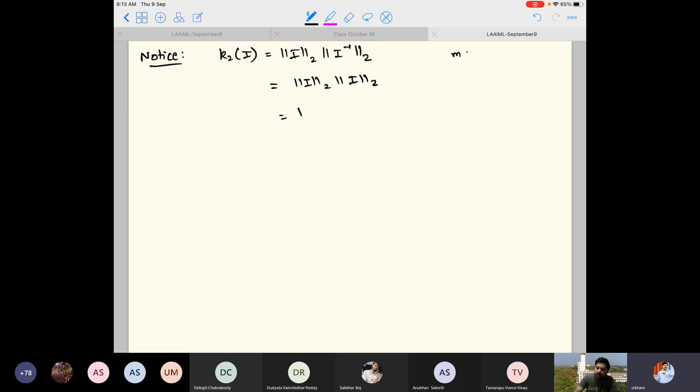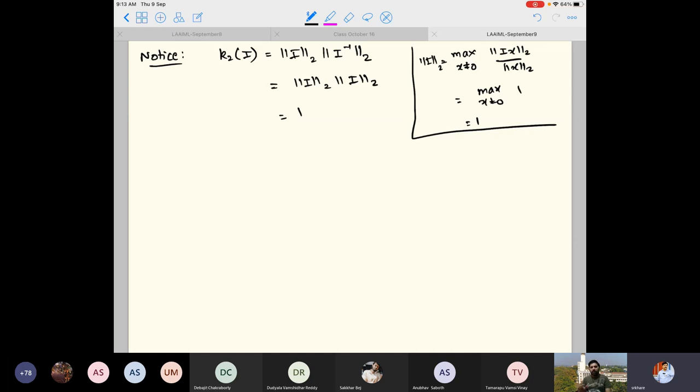You remember how you define it: maximum over x not equal to 0 of norm of Ix divided by norm of x. That is nothing but the identity matrix 2 norm. So this is the maximum over x not equal to 0 of norm x by norm x, which is 1. Simple calculation. We saw this yesterday.